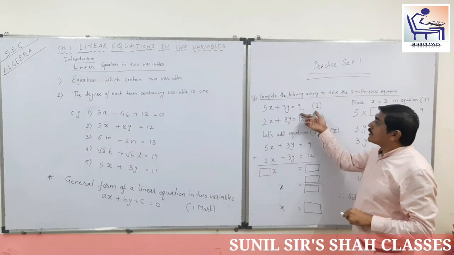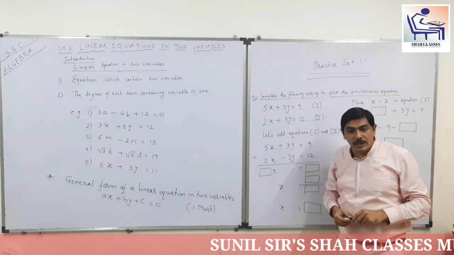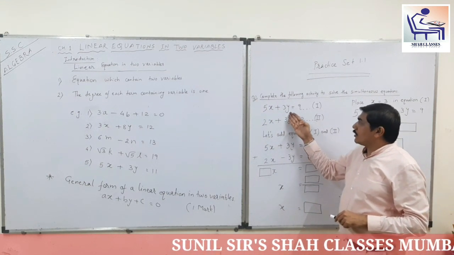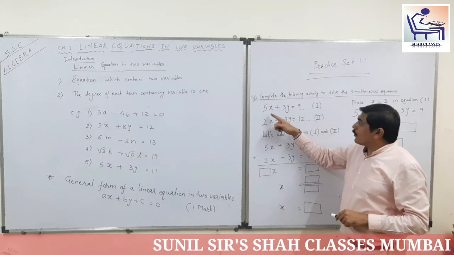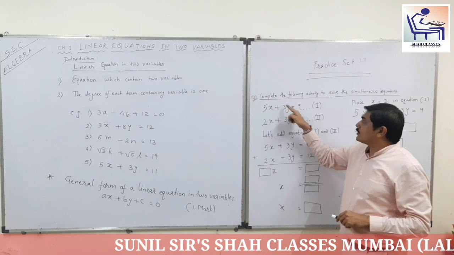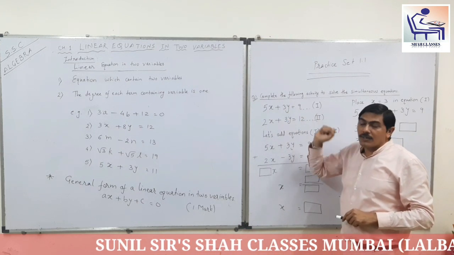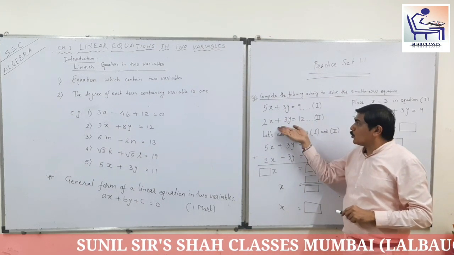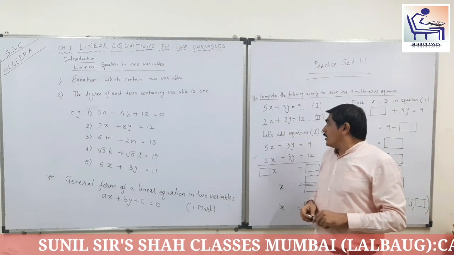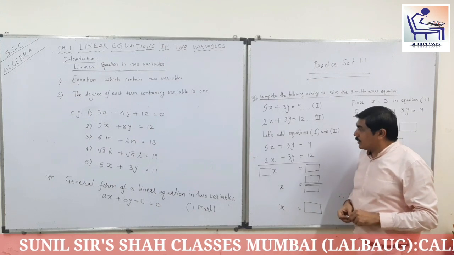First of all, is it a linear equation in two variables? Yes, it is. First of all, we can see there are two variables. Second, the degrees of both variables are 1. So both these equations are linear equations in two variables.